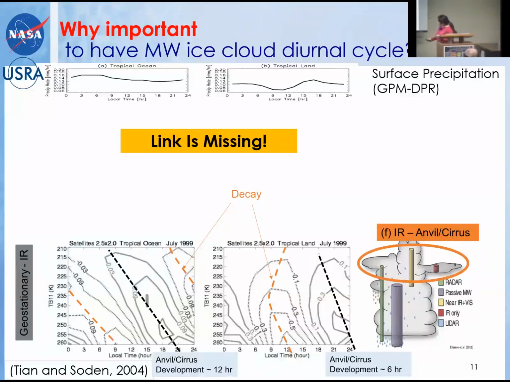So if you just follow the peak of the PDF line and draw the line here, you can see over ocean, it starts from like 9 in the morning, where the thick anvils start to dissipate into the cirrus cloud. And it takes a very long time, like 12 hours for this to happen.